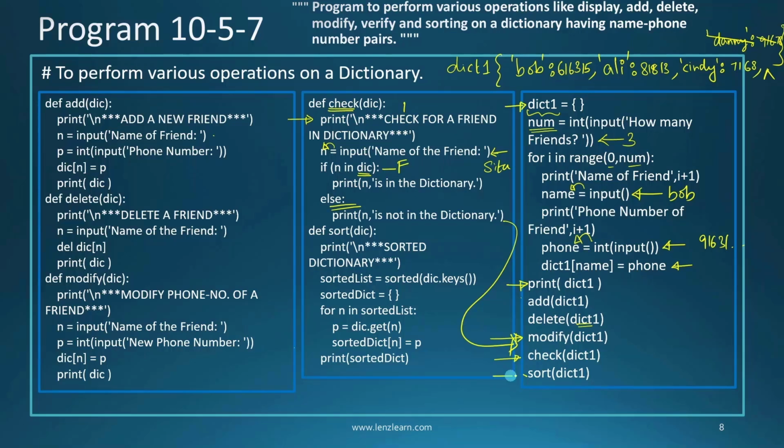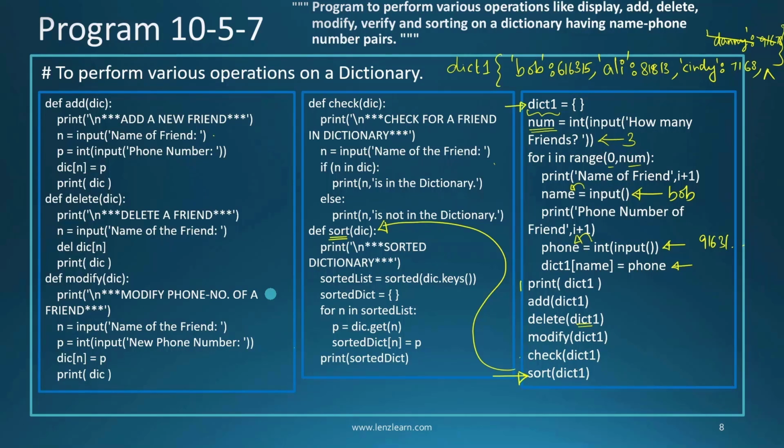Now interpreter will proceed to the next function, sort. So once this function sort is called, now the control will come to here. This is where we have written our sort function. Now logically, let me explain to you how we are going to sort this dictionary. So I will sort all the keys available inside the dictionary based on ascending order, and that will be stored into a list.